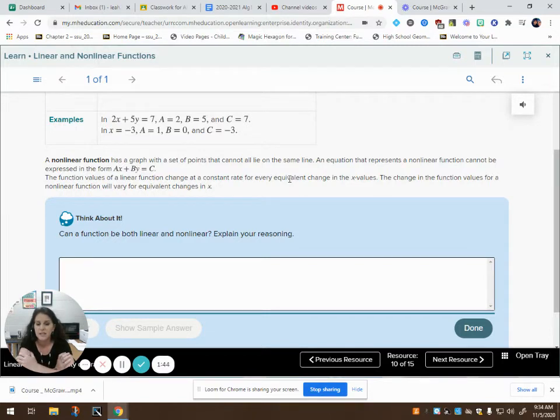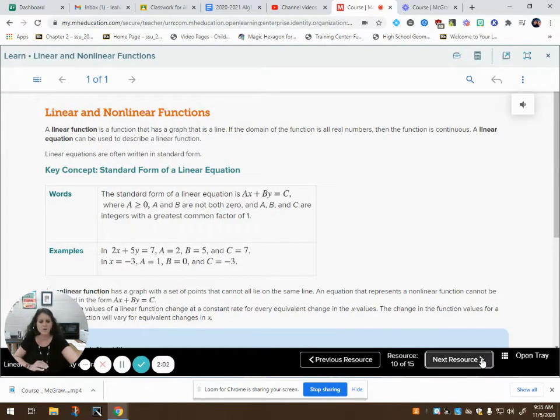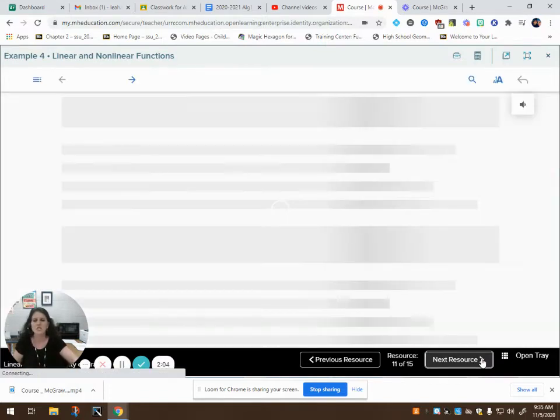Now it is nonlinear. So a nonlinear function can't be written as ax plus by equals c. And the function values of a linear function change at a constant rate for every equivalent change in the x values. This is a lot of words, so I'm not going to just keep reading it. Let's just look at it and make sense of it as we go.